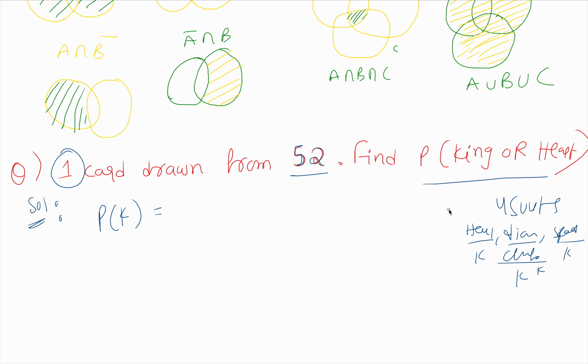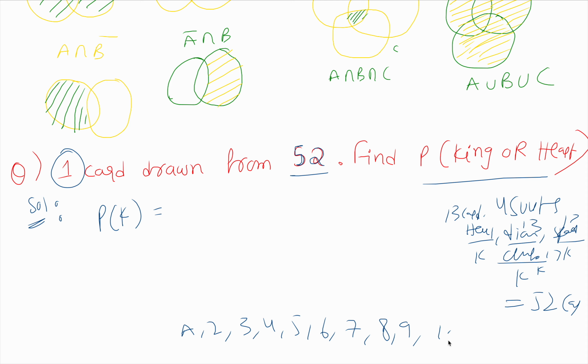Every suit consists of 13 cards, so 13, 13, 13, 13, total 52 cards. They are A, 2, 3, 4, 5, 6, 7, 8, 9, 10, Jack, Queen, King, and every card appears 4 times in the total 52 cards.